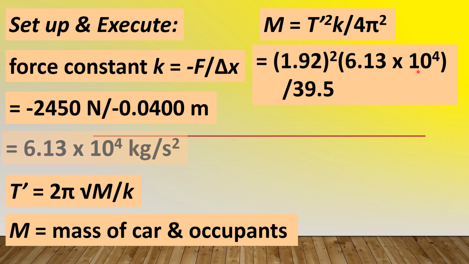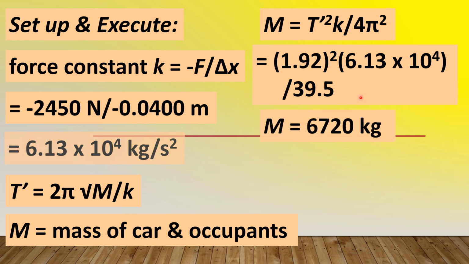And then this will be divided by the value of 4 pi squared, which is 39.5. Doing our math, we will get the value for the total mass, capital M, equal to 6,720 kilogram in three significant figures.